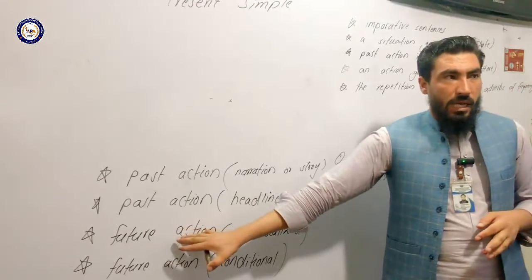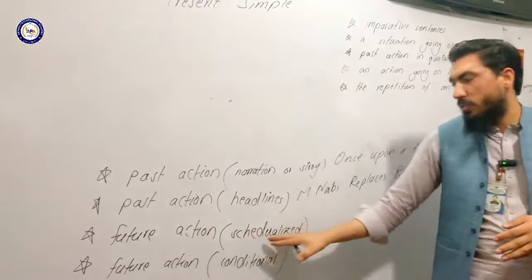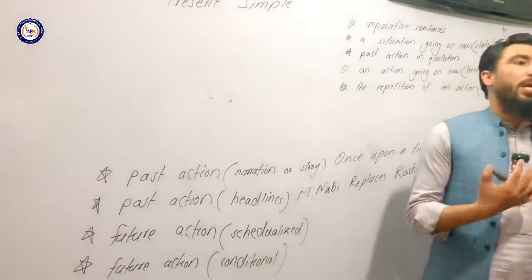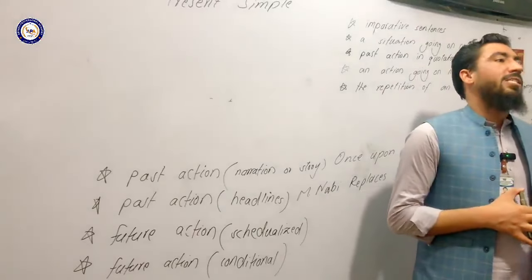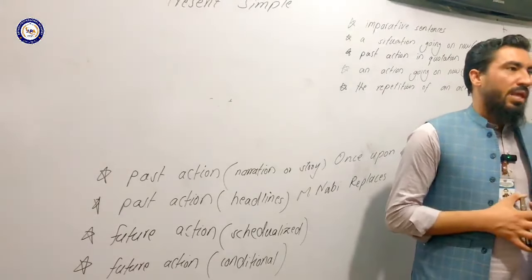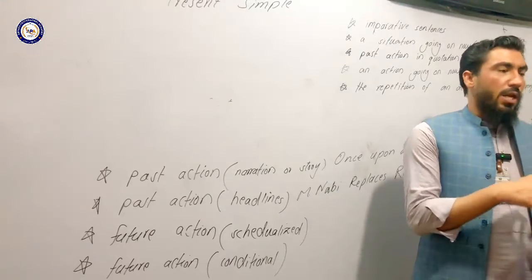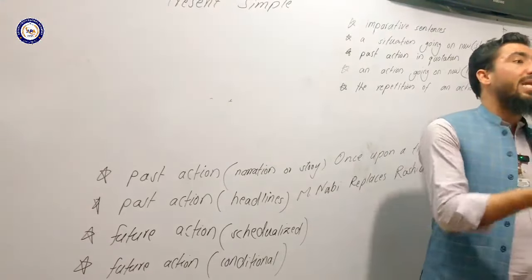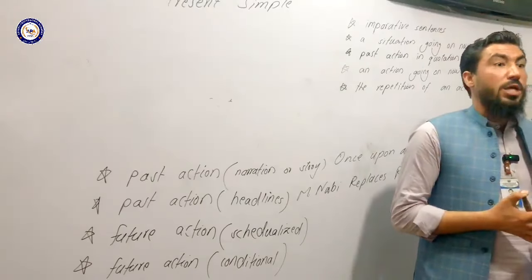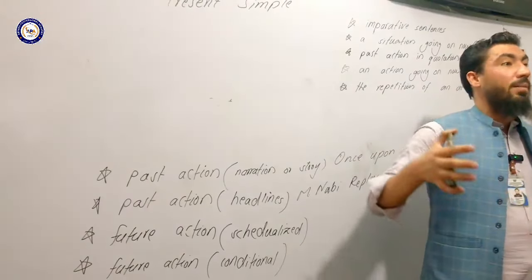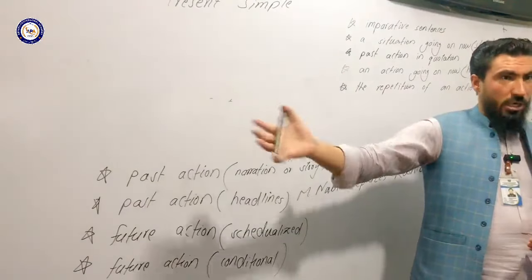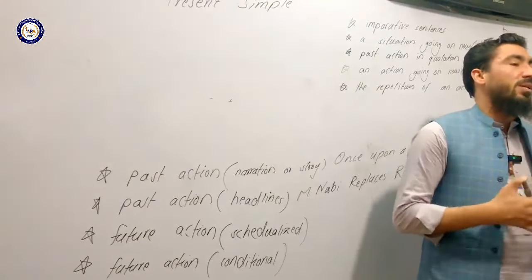Present simple can also be used to show a future action when that is scheduled beforehand. For example, you are a student of first semester and this is August, September, October; you go to second semester in October. So October is a time which will come later on in the future, but we use this tense, present simple, in this sentence.